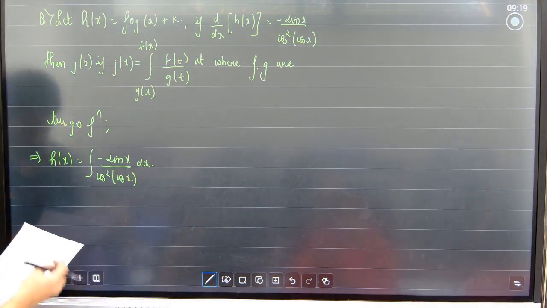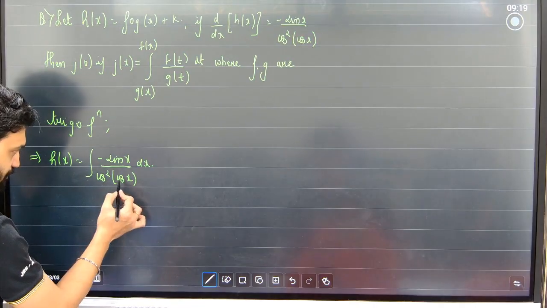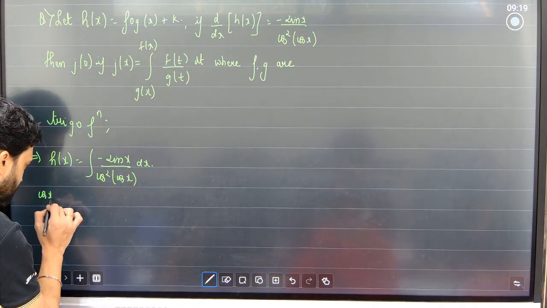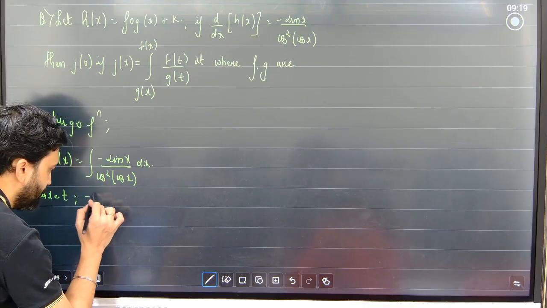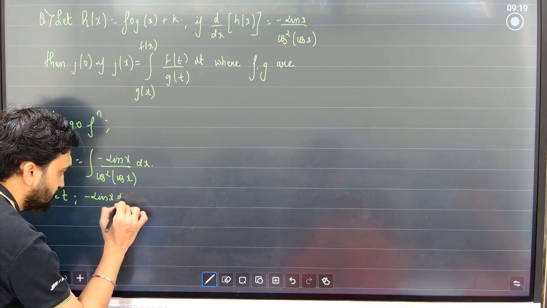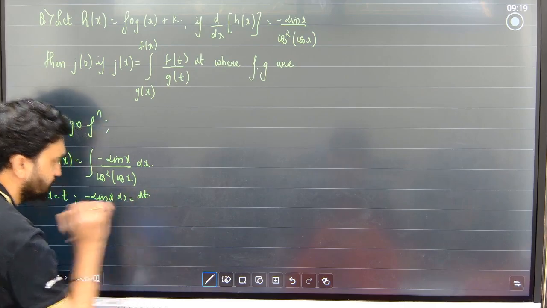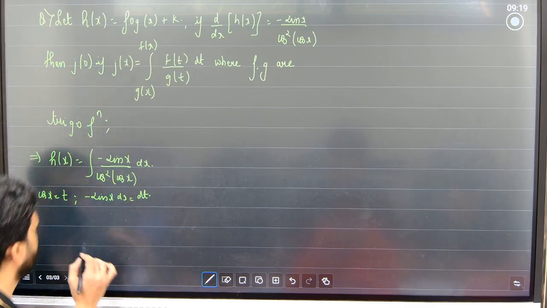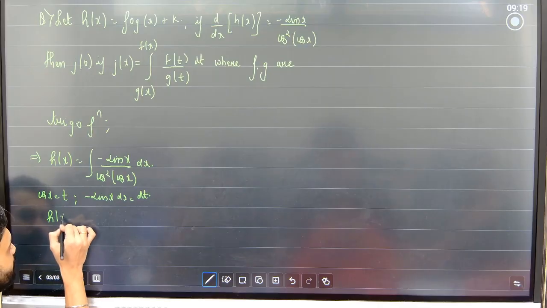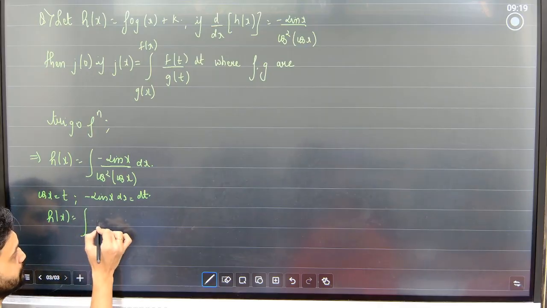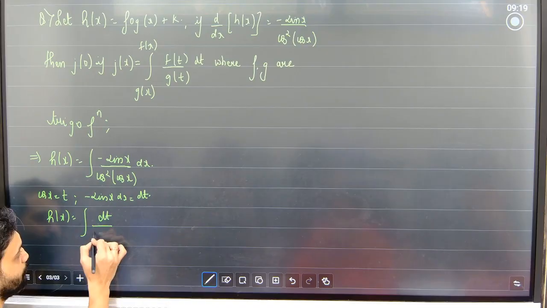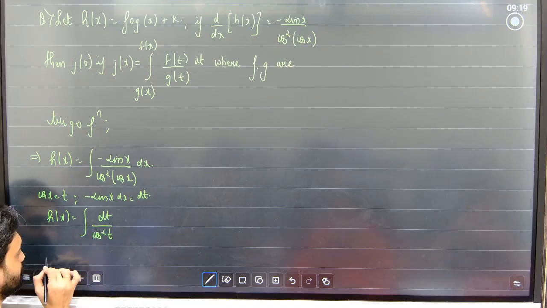Now if I take cos x as t, minus sin x dx becomes dt. So h of x is equal to integration dt upon cos square t.